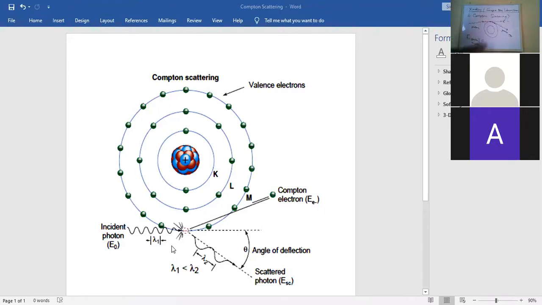And Compton scattering is a very funny interaction in the sense that it's very difficult for us to find its relationship with Z, the atomic number. Very different from the photoelectric effect, where we can have a relationship between Z and the probability of the photoelectric effect happening. But for Compton scattering, it is not straightforward.